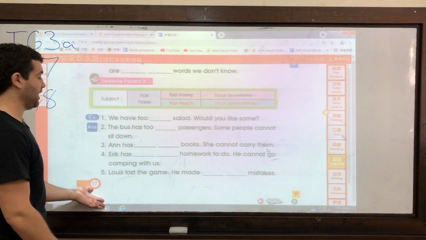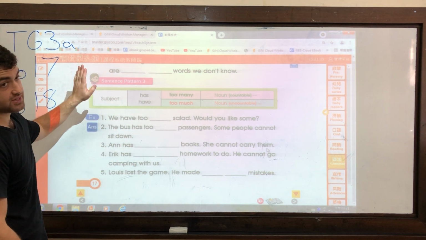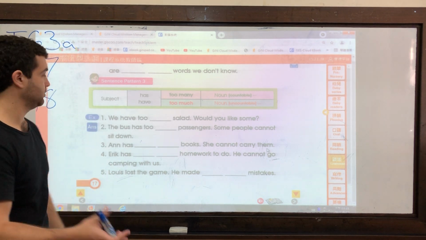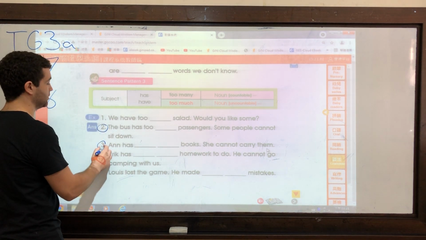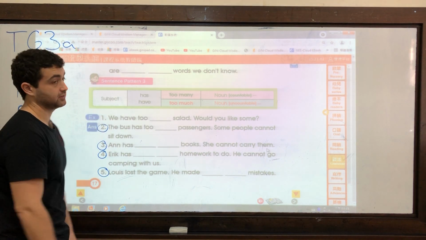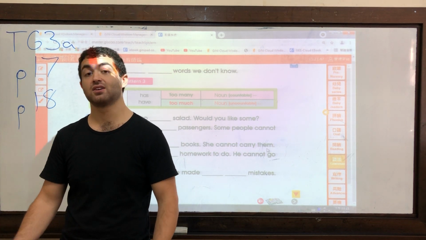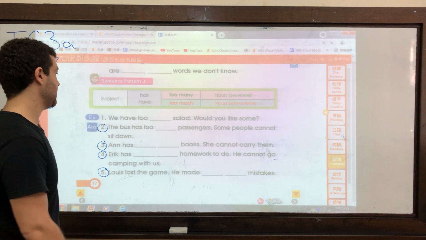We have 5 questions and a sentence pattern. So let's do number 1 together, and then you will do numbers 2, 3, 4, 5. And then, after you're done, we'll review the answers. So let's do number 1 together.